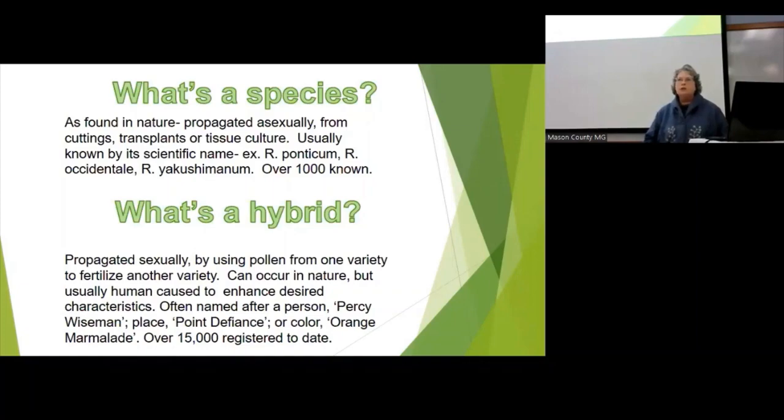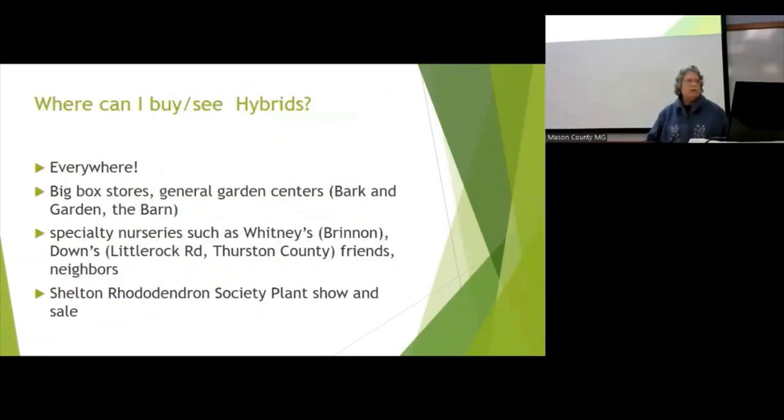It's really hard to tell the different hybrids apart unless you're really into it. There are some guides out there that help you try to figure it out. You can go online and look them up. But I certainly don't know 15,000 different rhododendrons, I'll tell you for sure.